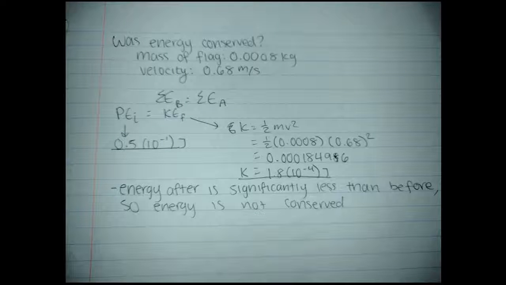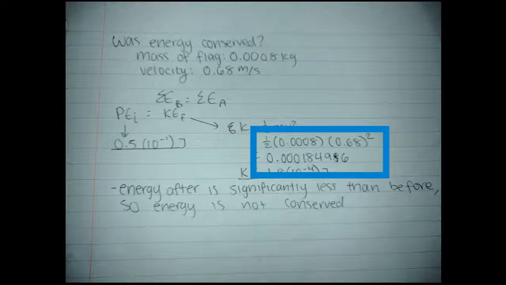And now to see if energy was conserved, the sum of the energy after should be equal to this number. To figure this out, we will find the kinetic energy of the flag. So to find kinetic energy, we use the equation K equals 1/2 mv squared.